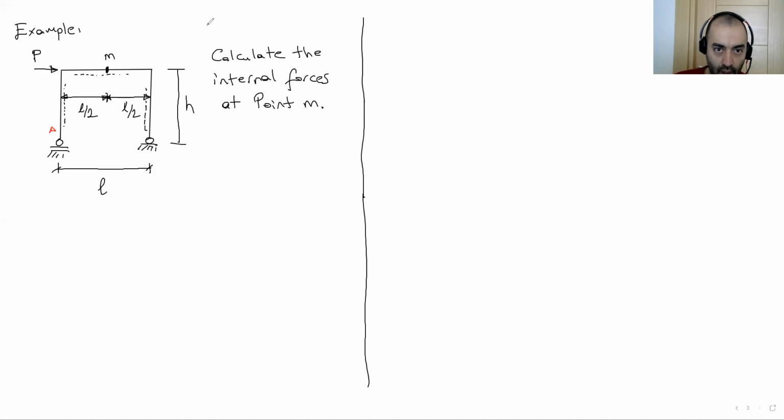Okay, first, let's calculate the support reactions. We have VA here, VB here, and here we have a horizontal HB. If we make the support reaction calculation, total MB equals 0.